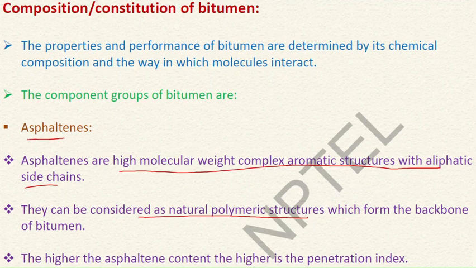They are basically a large number of aromatic structures arranged in series with smaller aliphatic side chains, forming the backbone of bitumen. The higher the asphaltene content, the higher is the penetration index. This is the heaviest component and the largest percentage component present in the bitumen. Okay.